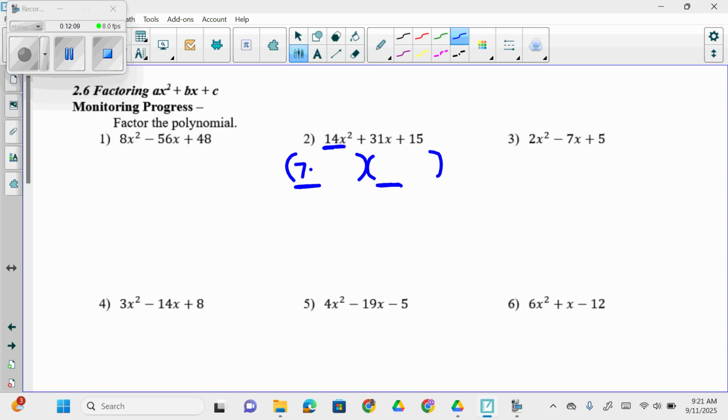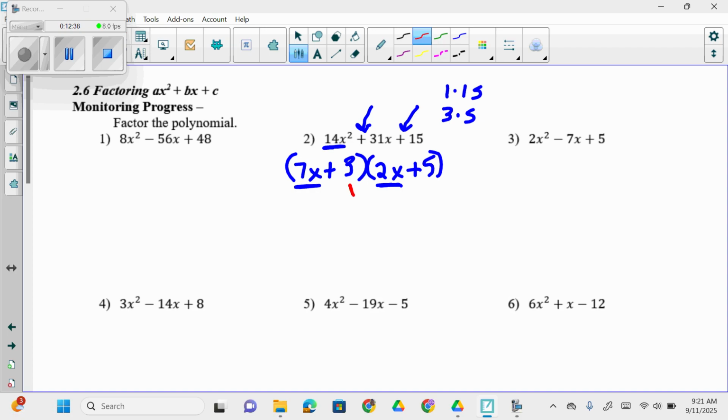I'm going to try 7x times 2x. Since the 15 is positive, I know my signs are the same. And I look over here, I see a plus, so I know they're both plus. 15 could be 1 times 15, or it could be 3 times 5. So I'm going to do 3 times 5 and give that a try.